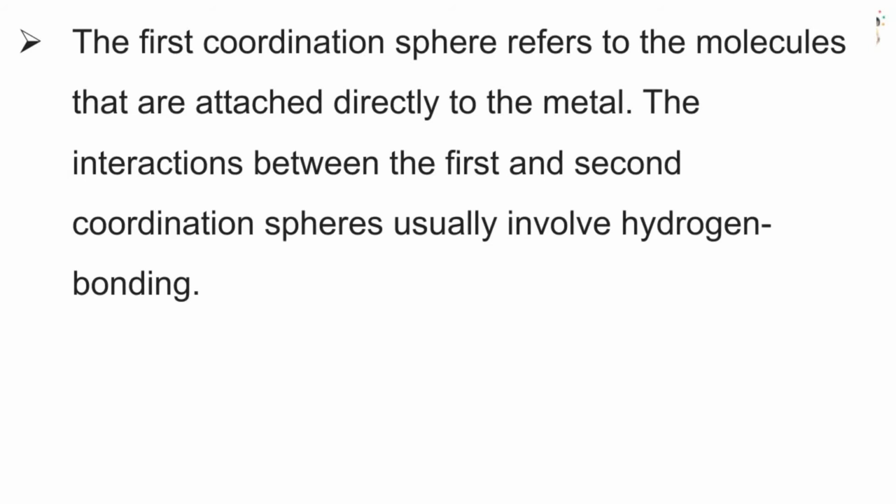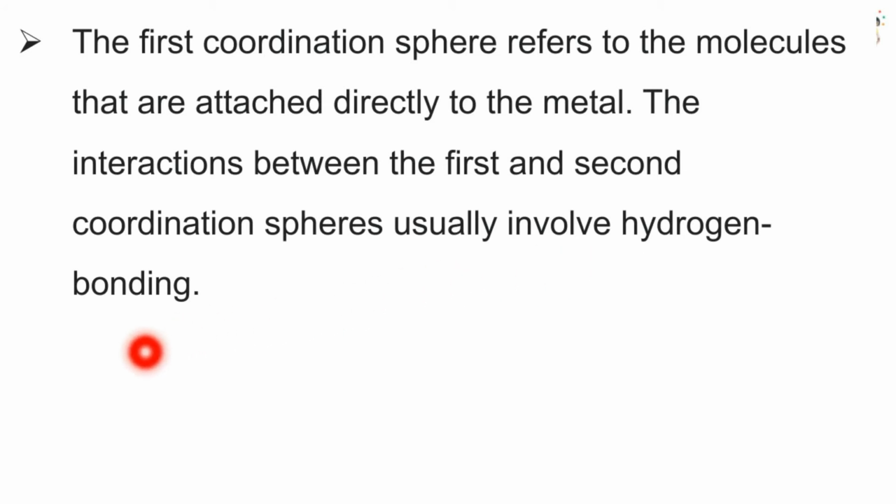Dear friends, already you all know that the first coordination sphere refers to the molecules that are attached directly to the metal in the complex, but the second coordination sphere is attached to the first coordination sphere. The interactions between the first and second coordination spheres usually involve hydrogen bonding.